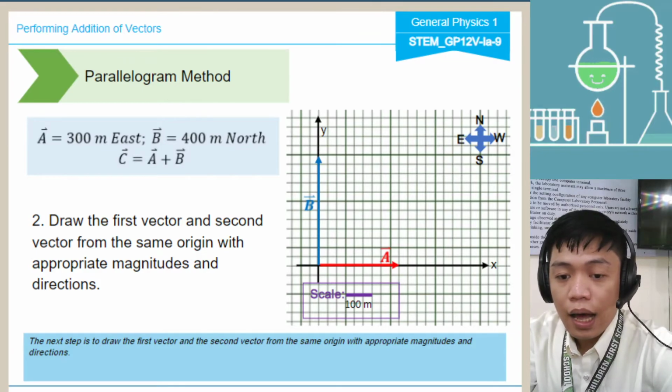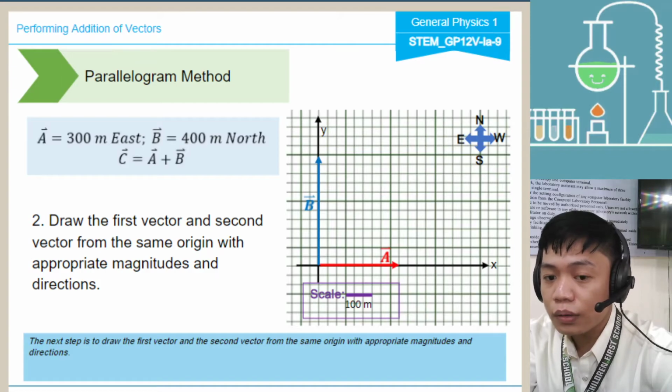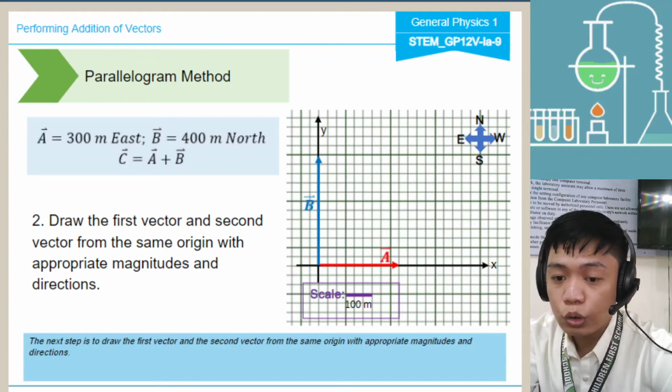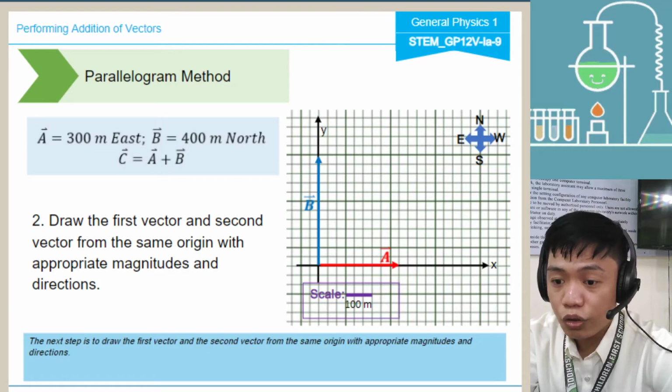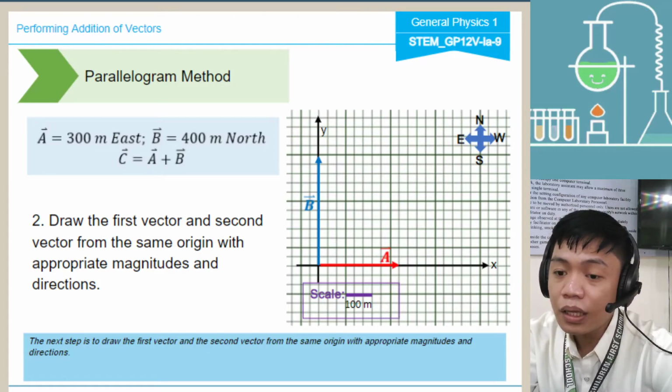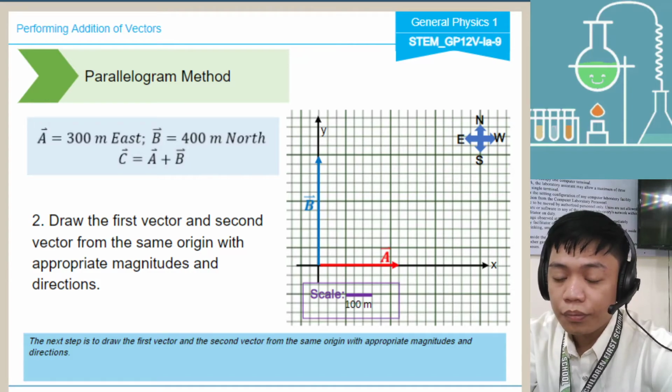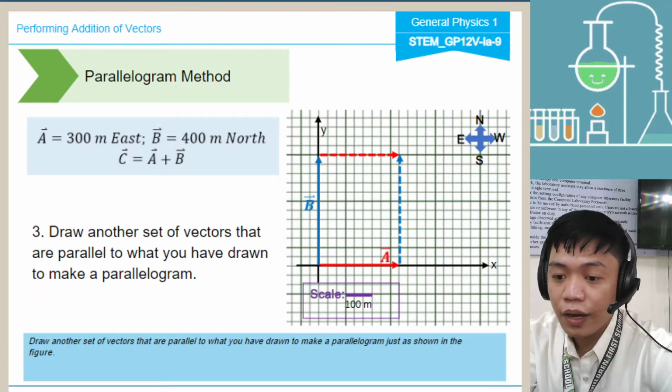So since the direction of B, or the second vector, goes to the north, you can use the y-axis to denote letter B or the second vector. You can use the x-axis to denote the direction of the first vector.